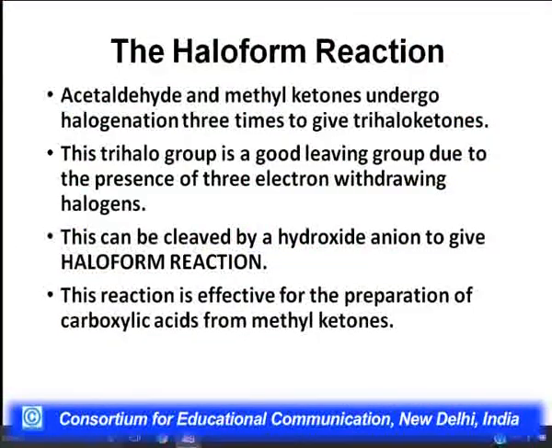This trihalo group is a very good leaving group because 3 electron-withdrawing halogens are attached to this carbon. The cleavage of this haloform group is then helped by the hydroxide anion. And this reaction, as we'll see now, is very effective for the preparation of carboxylic acids from methyl ketones.